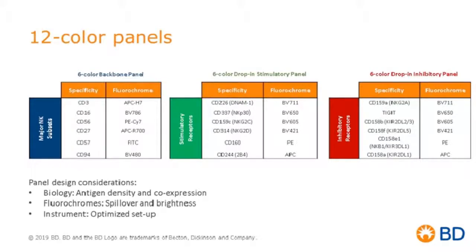As we will see, some of the markers that we have selected greatly vary in their expression or co-expression patterns from donor to donor. So how can we account for that variability and minimize potential impact on the panel design?